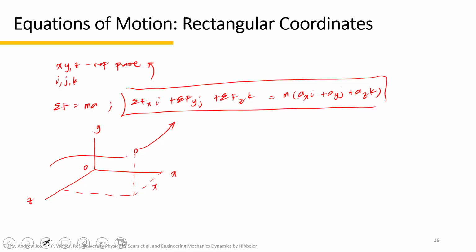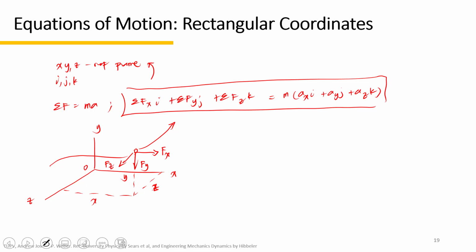This must be x, this must be z, and this must be y. And of course, the forces may have very different directions. This must be F, for example Fx, Fy, and Fz.